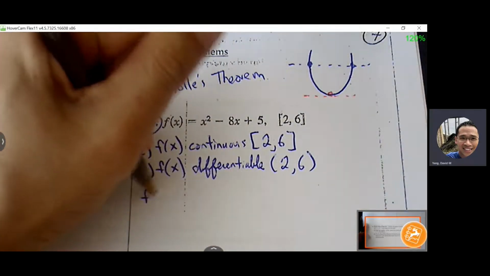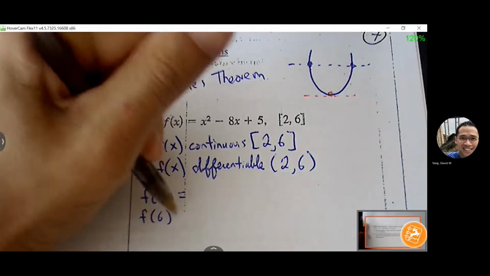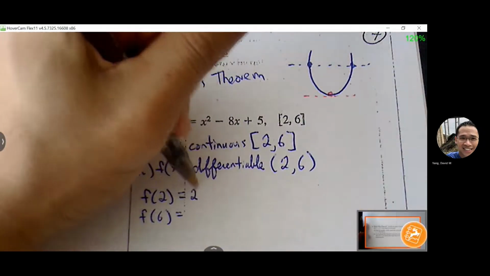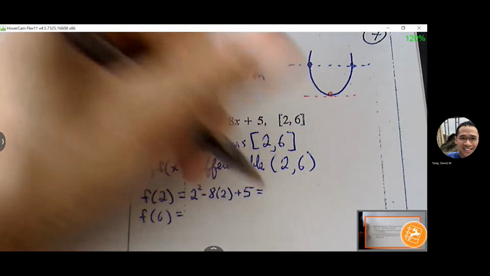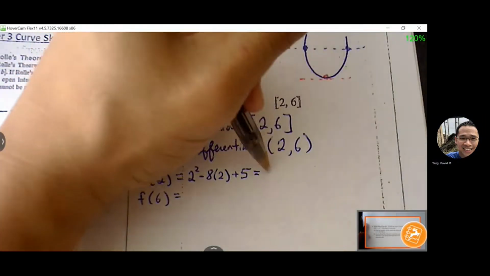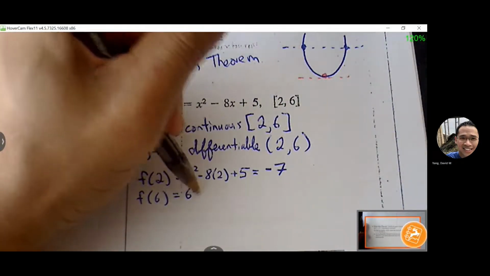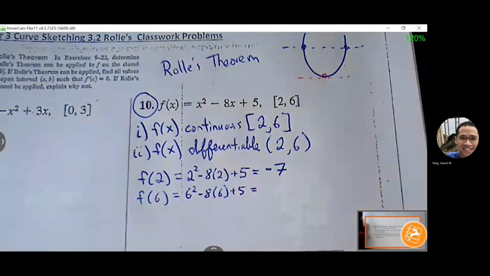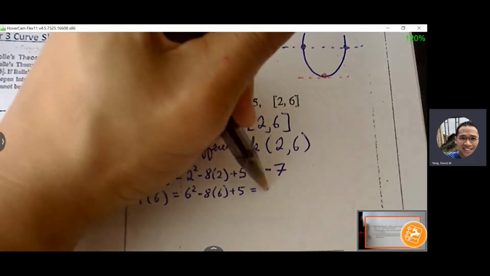We'll find f of 2. And we'll find f of 6. Okay, so 4 minus 16 is negative 12 plus 5, negative 7. 36 minus 48 is negative 12 plus 5 is also negative 7.